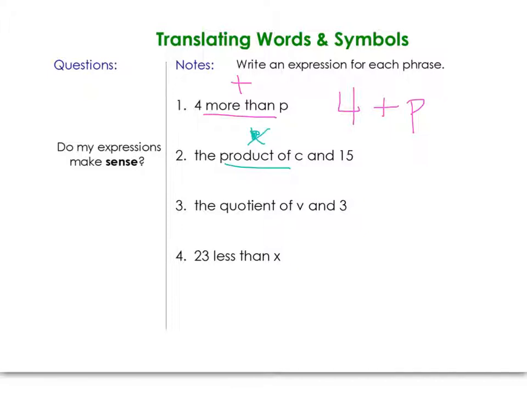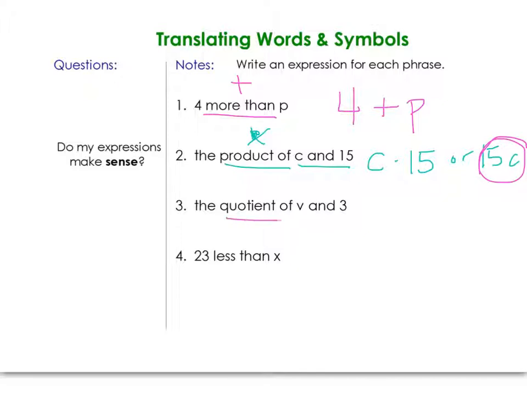The product of C and 15, meaning I'm going to multiply together C and 15, so C times 15, or I can just say 15C. We're going to prefer you write the number before the letter, but we'll get good at that.